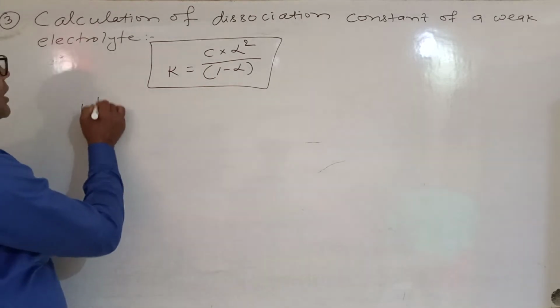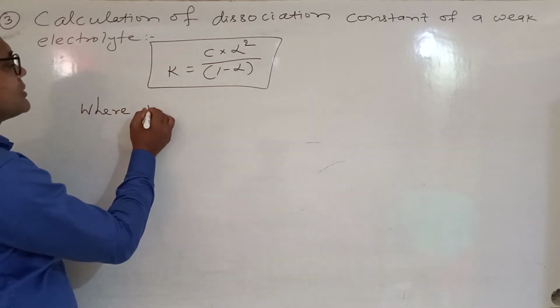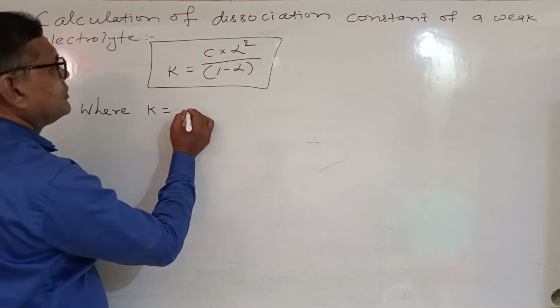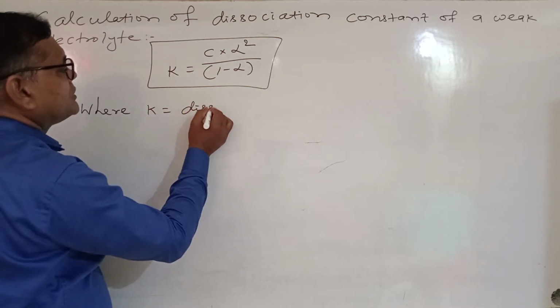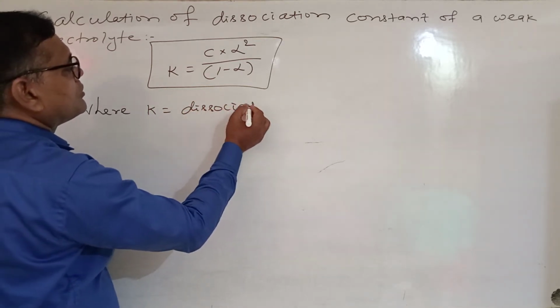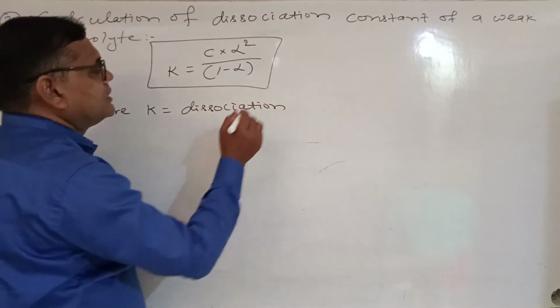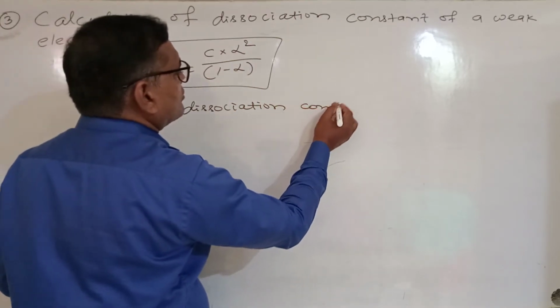In the formula, K is equal to dissociation constant.